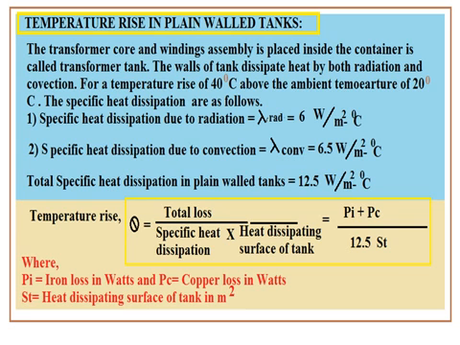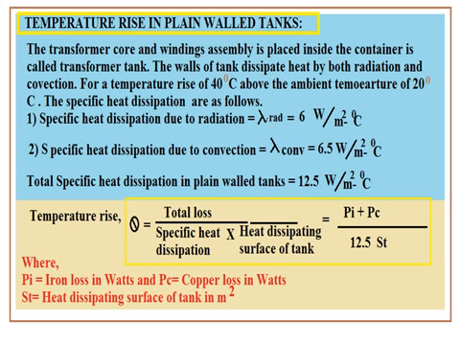Hence, transformer oil is used as one of the coolants. It is the one. Second point, temperature rise in plain walled tanks. So we are using plain walled tanks or corrugated walled tanks. That is another fashion. Now how does the heat transfer or heat dissipation take place? There are two methods.